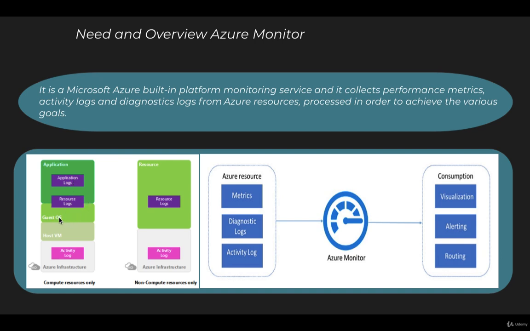Any information we receive from the guest OS, like Windows or any other OS, comes from the resource logs only. So we'll understand them one by one: activity logs, resource logs, and application logs.